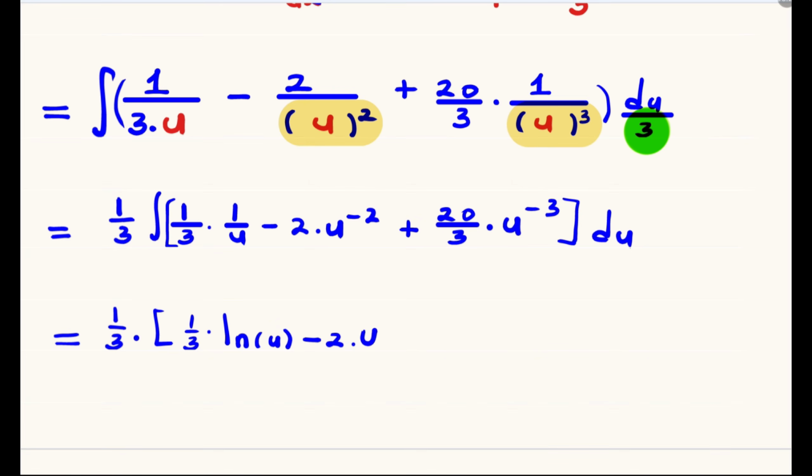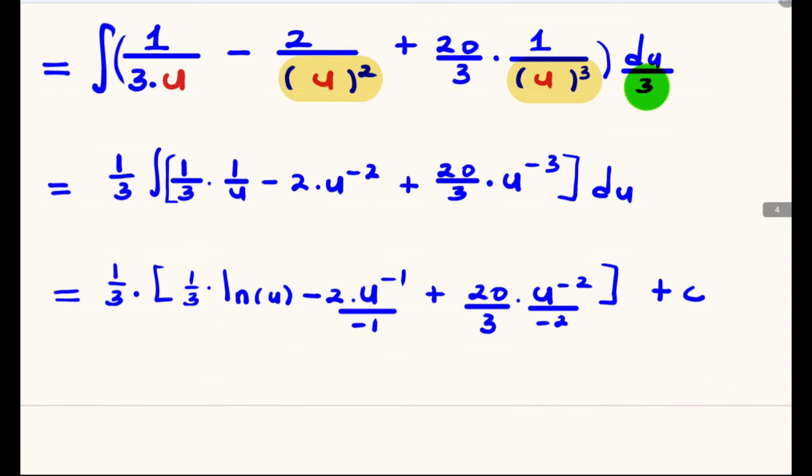Negative 2 plus 1 is equal to negative 1 in the exponent, and we also divide by negative 2 plus 1, which is negative 1, plus 20 divided by 3 multiplied by the integral of u to the power negative 3, which is u to the power negative 3 plus 1, and negative 3 plus 1 is equal to negative 2. We also divide by negative 2, plus the constant c.